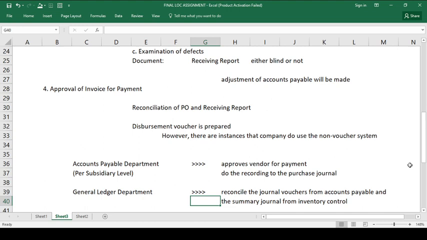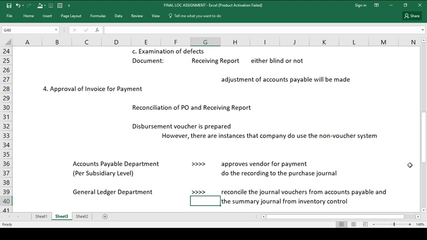Yung approval of invoice for payment refers pa lang na this purchase is subject for payment already. Ibig sabihin, you are already saying, boss, dapat na po itong bayaran. Yun po yung ibig sabihin na the approval of invoice for payment. Hindi po yung sinasabing bayaran, we need to prepare the check already.